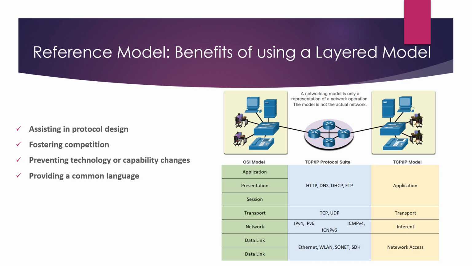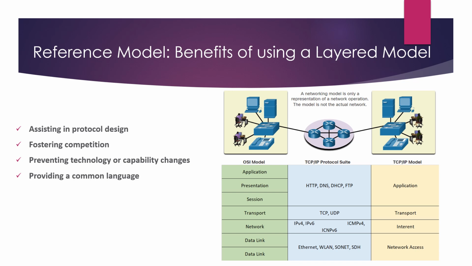As you can see, the OSI model has 7 layers, and the TCP/IP model has 4 layers. The application, presentation, and session layers of the OSI model are merged into one layer in the TCP/IP model, which is the application layer.